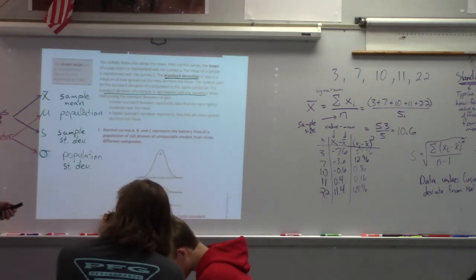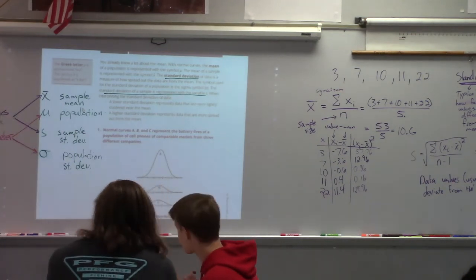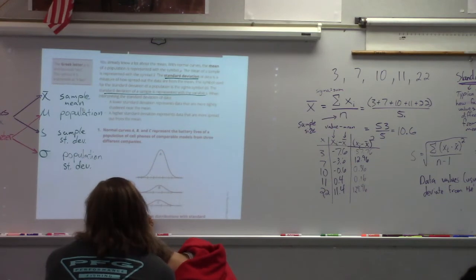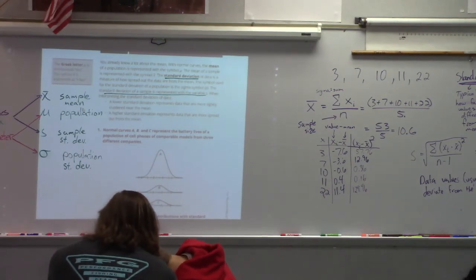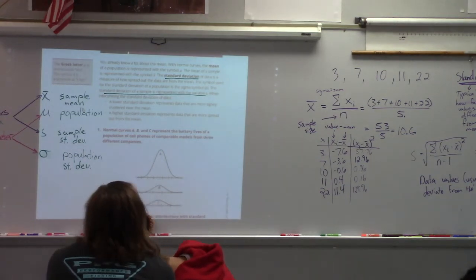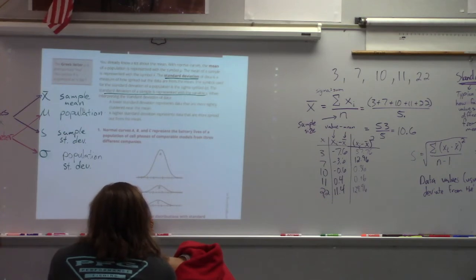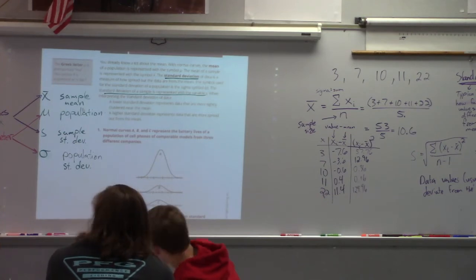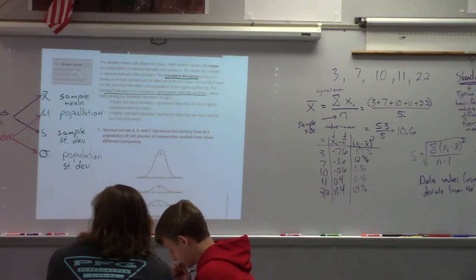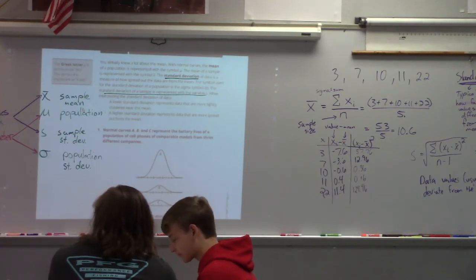What do you mean? Well, let me ask you this. If I have a sample and the sample mean is 7.6, what would you guess the population mean might be? 8? I would have assumed 7.6. Well, that's the sample. I see what you're saying, but it's supposed to approximate or estimate.